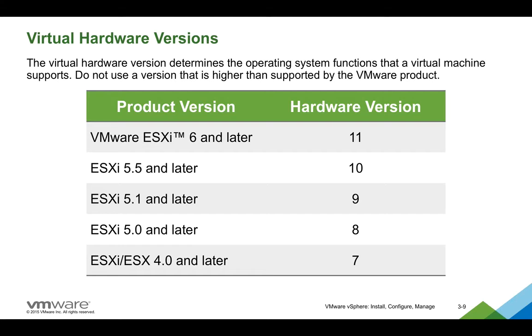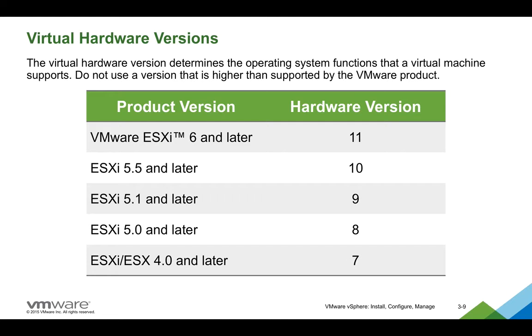Now, each release of the VMware product has a corresponding virtual machine hardware version included. This is the hardware abstraction layer, otherwise known as HAL. This is all based on the hypervisor that's in use and your hardware version number.